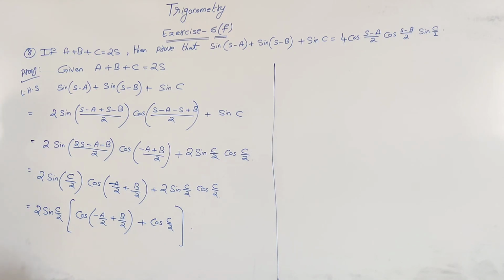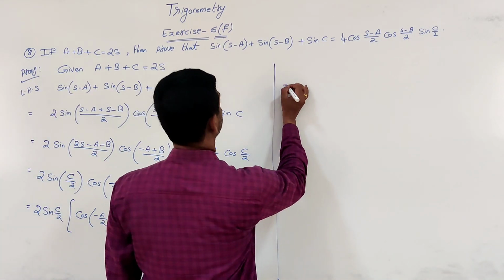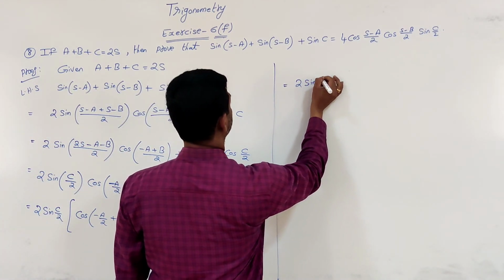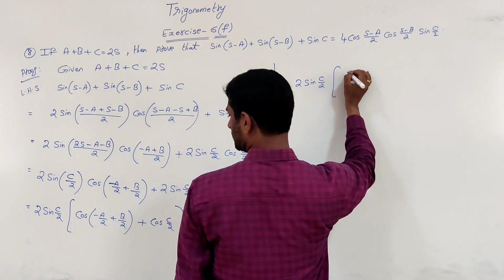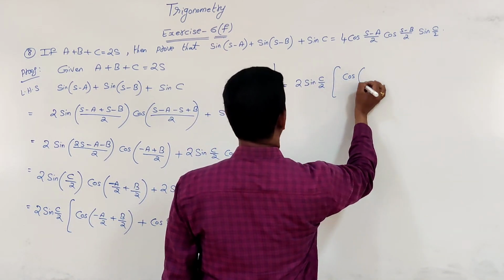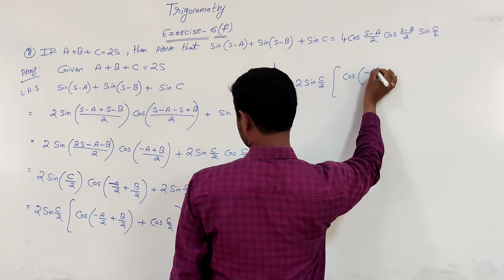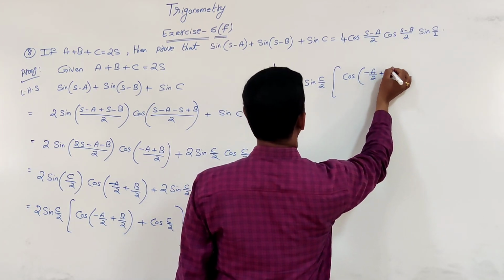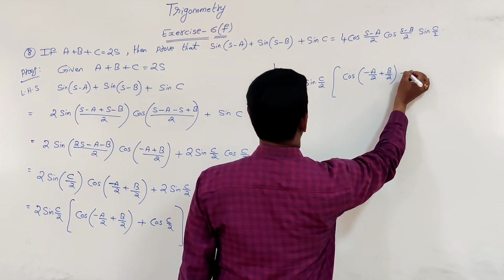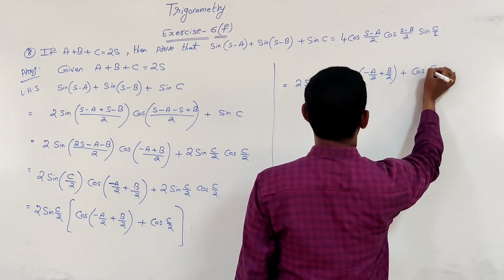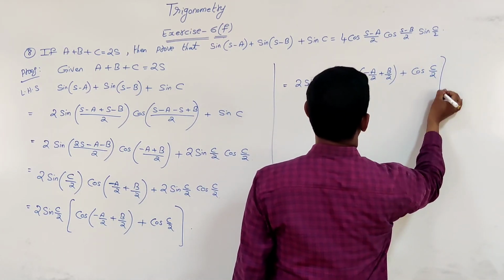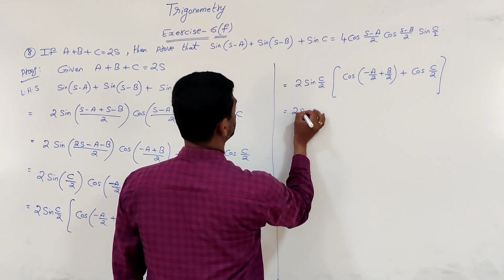Next, we can apply the transformation directly. 2 sin c/2 and it will be cos of (minus a/2 plus b/2) plus cos c/2.